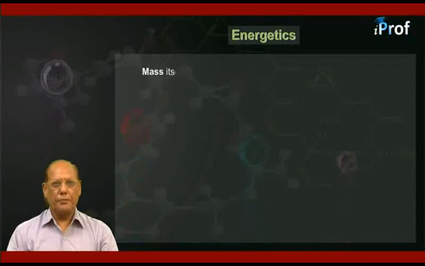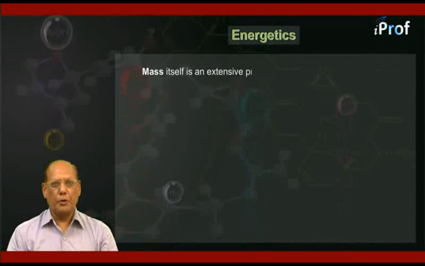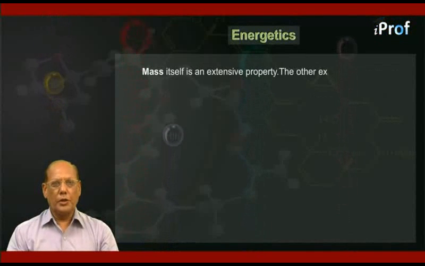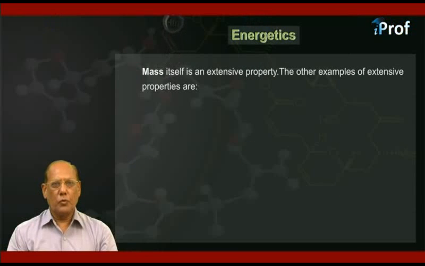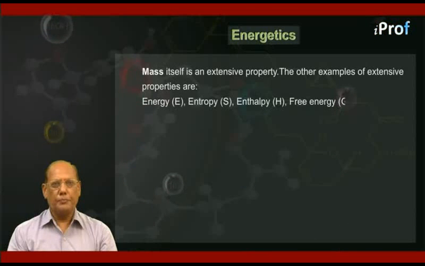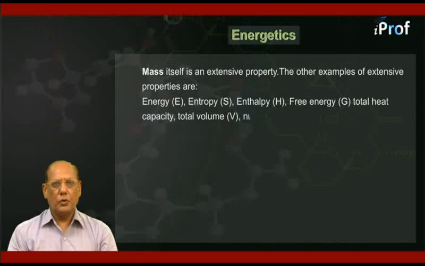Mass itself is an extensive property. The other examples of extensive properties are energy E, entropy S, enthalpy H, free energy G, total heat capacity, total volume V, number of moles N, resistance, etc.